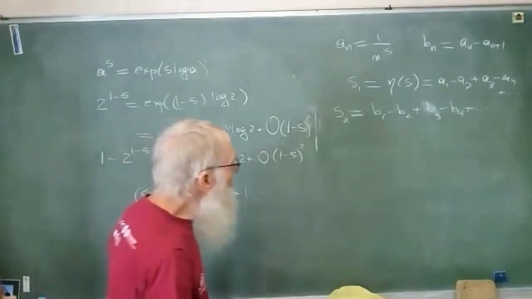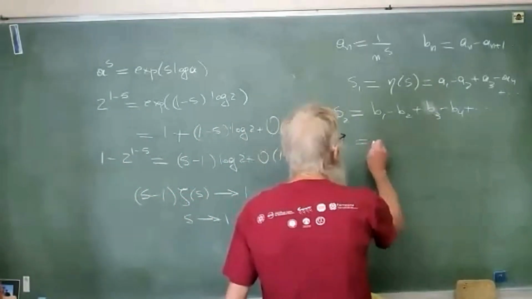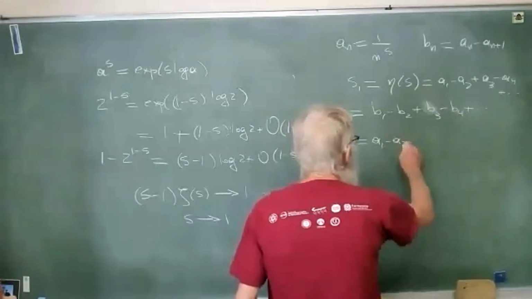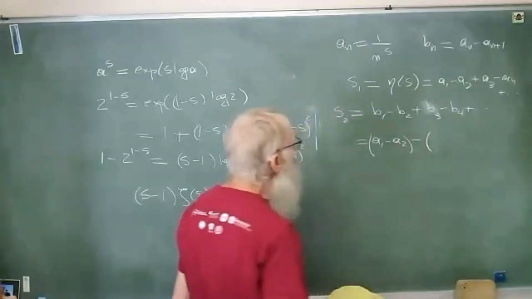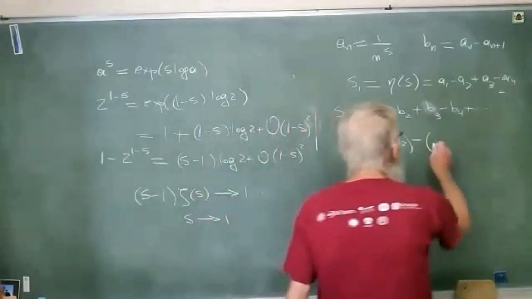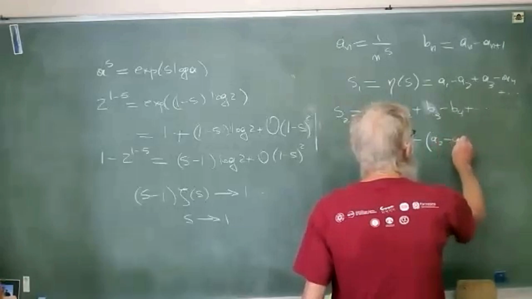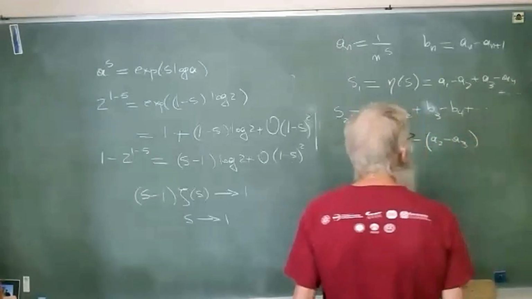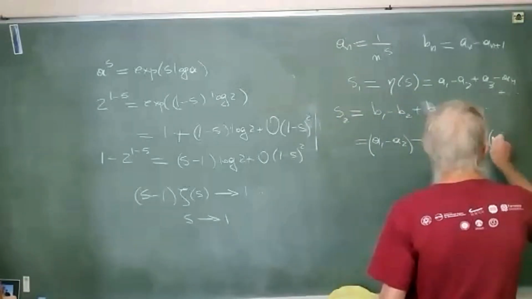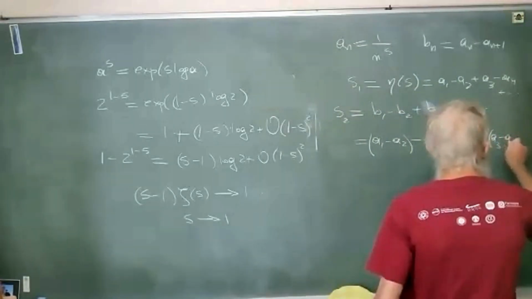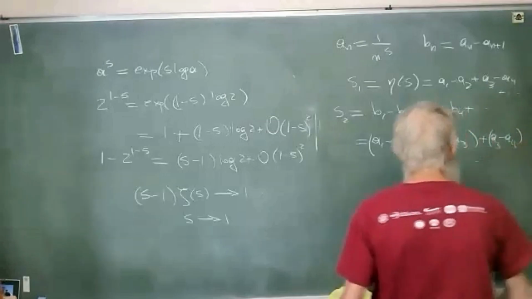What is S2? B1 is A1 minus A2. What is B2? It's A2 minus A3. And then B3 is, with the sign plus, A3 minus A4, and so on.